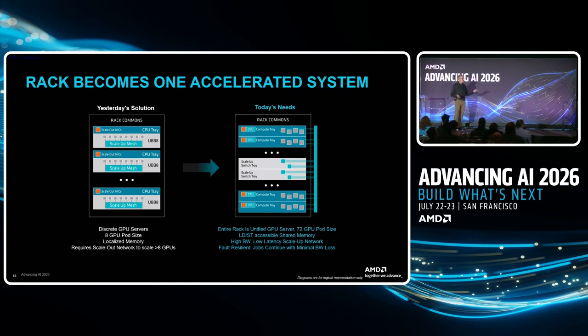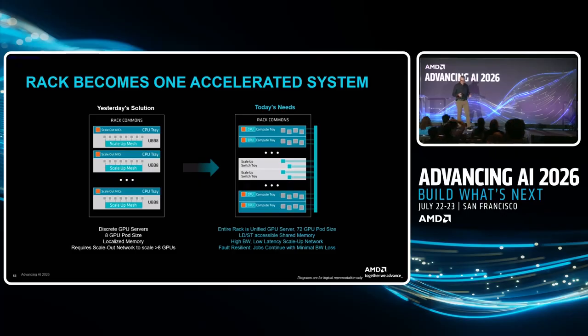And then today's solution, as you saw Lisa talking about earlier, is different with these rack scale architectures. From a GPU perspective, what really matters today is not just optimizing compute and memory, but doing system level optimization through very specific co-design for the workloads that are going to be running on these systems.